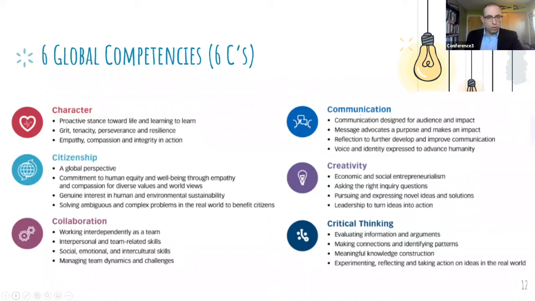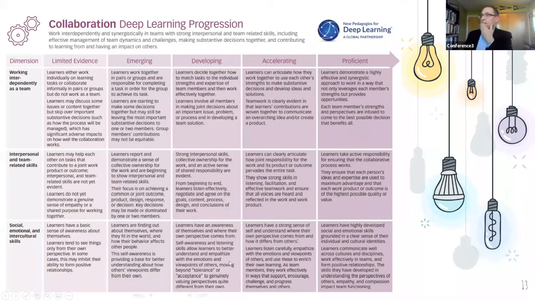So in your Google Drive folder, I put in there, I didn't create it, but I put in there what is referred to as a learning progression, a deep learning progression. So there's a file in there that has these learning progressions for each one of the 6 C's.